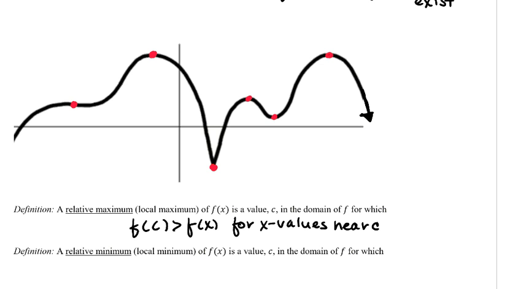And then a local minimum, also known as a relative minimum, is a value in the domain for which we're below the rest of the y values. So f of c is less than f of x for x values near c.